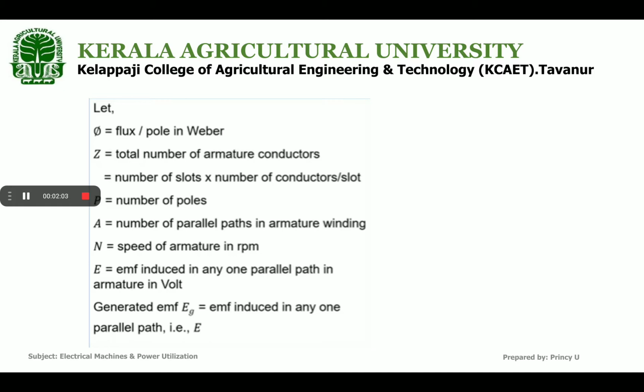Capital N is the speed of the armature in revolutions per minute, RPM. And E is the EMF induced in any one of the parallel paths in the armature, in volts, also denoted as EG, the generated EMF.